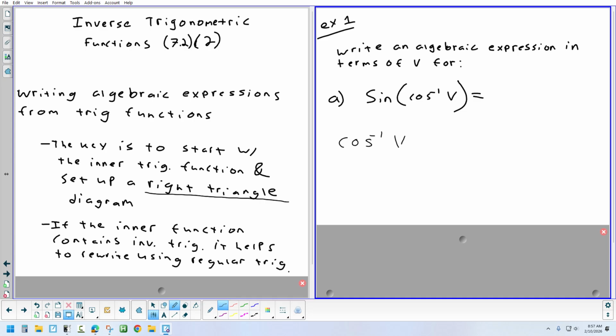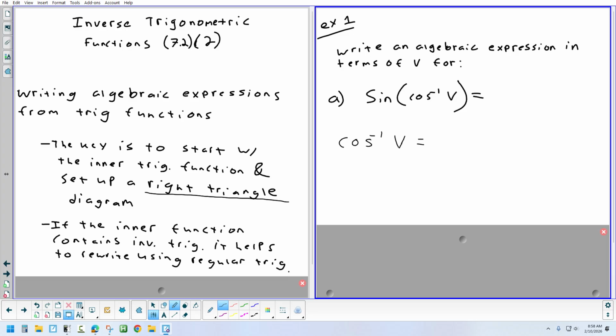Inverse cosine of v equals. Now, when I do inverse cosine, what am I solving for? When I take inverse cosine of something and get an answer, what does that represent? We just said this. An angle. Do I know what angle this inverse cosine represents right now?